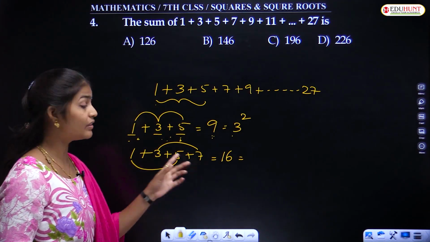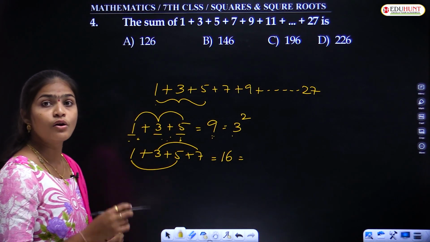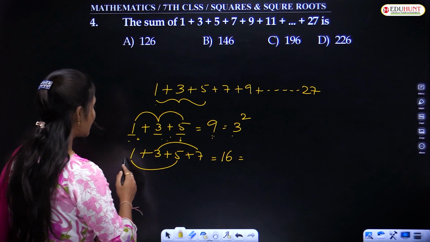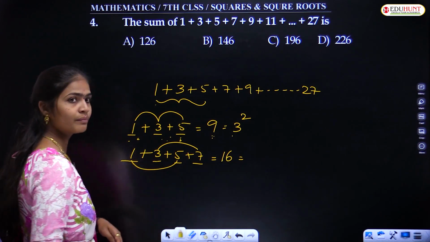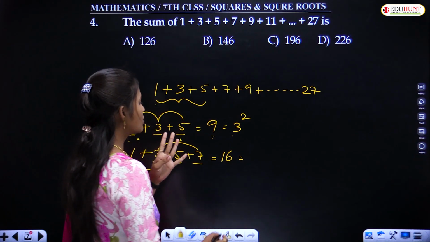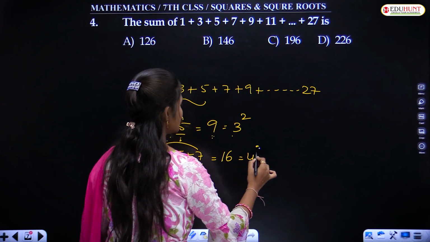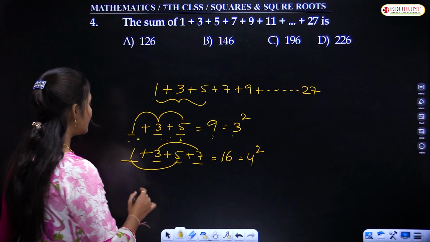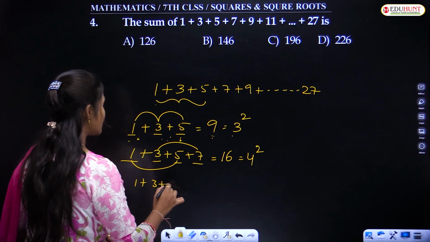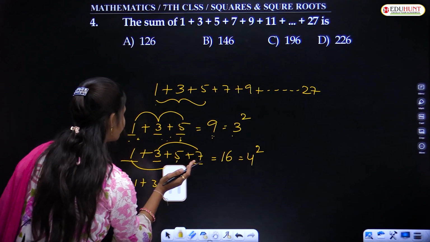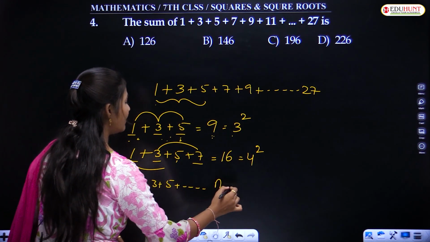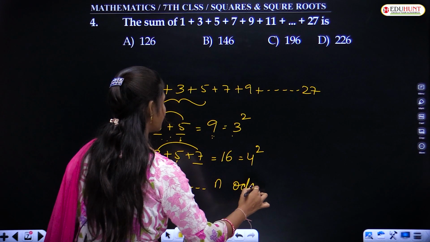We can express it as 4 into 4, which means 4 square. Now how many odd numbers did we take here? 4 odd numbers only, no? So we can express this as 4 square. So from this, what is the conclusion? Here 1 plus 3 plus 5 and so on up to n odd natural numbers.